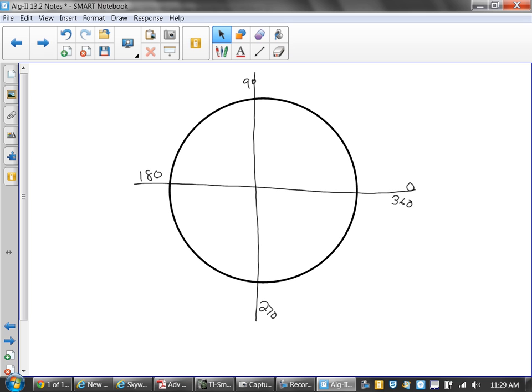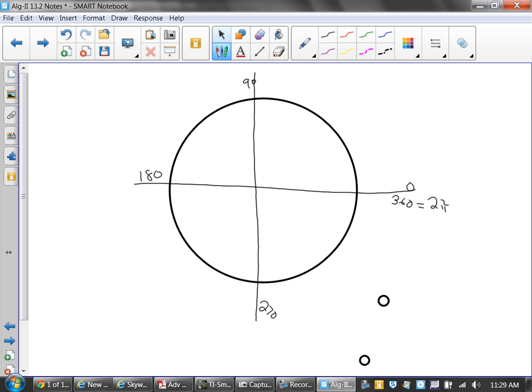Now, if I go all the way around my circle, I start at 0, and I would end at 2 pi. 360 degrees is the same thing as saying 2 pi.